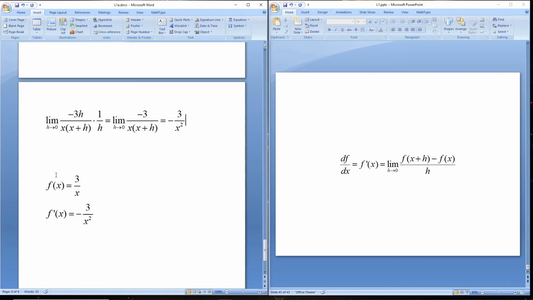And notice again, the original function has division by 0. So the function doesn't exist at 0, because it's going to infinity. And notice that's also true with the derivative. There is no derivative at 0, because the function doesn't exist there. So there's always a nice consistency between the derivative and the function.